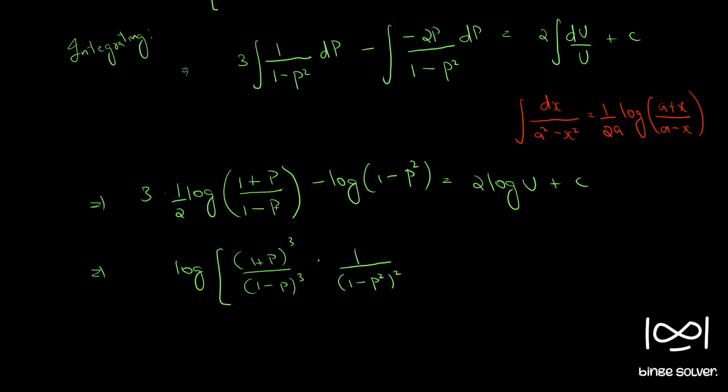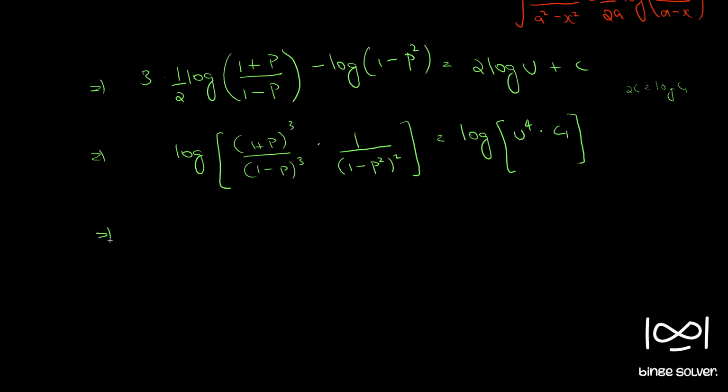Since we multiplied throughout by 2, this is equal to log u raised to 4 into, let's say it becomes 2c. If we write 2c as log c1, we can apply the log a plus b property and take c inside. So let's say c1.